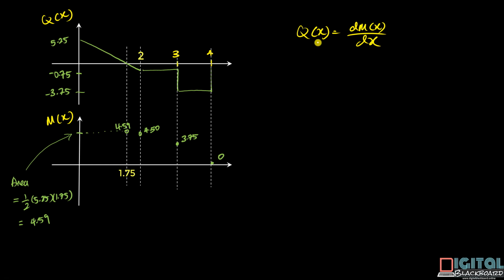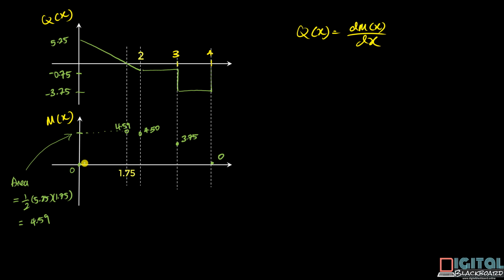Recall that the shear force function is equal to the gradient of the moment function. Now, the figure on top is the shear force function which we have just obtained. The diagram below represents the sketch of the bending moment function, which we are going to sketch now. From x equal to 0, we know that the moment at this point here is 0 because it is a pin support.